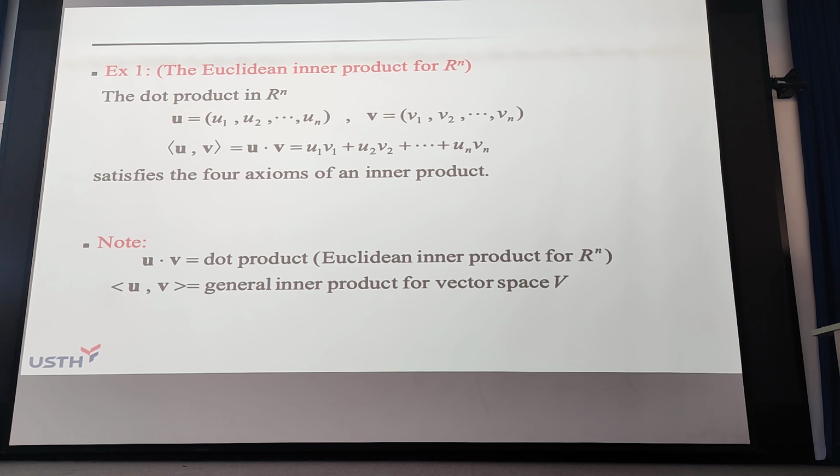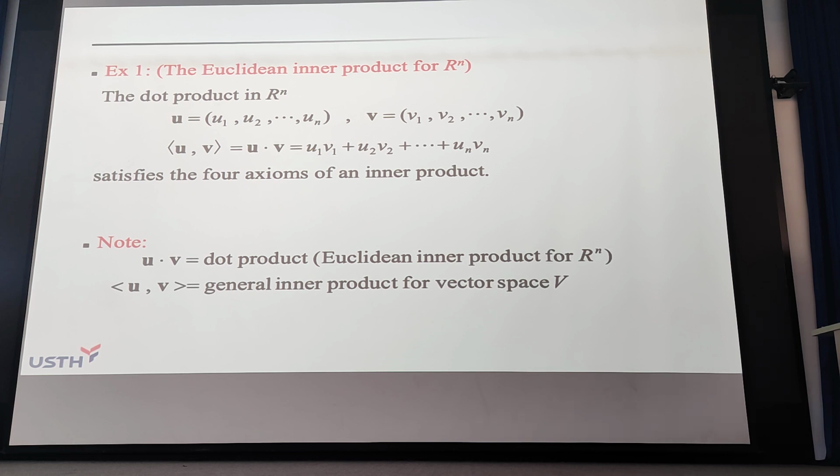And I would like to give you a remark. When I write it with a dot, it means the dot product, or the Euclidean inner product for Rn. But when we denote it by U, V in angle brackets like that, it is an inner product in the general sense for a vector space.